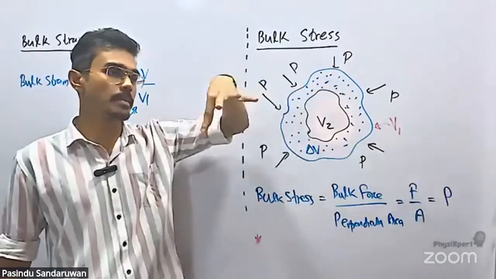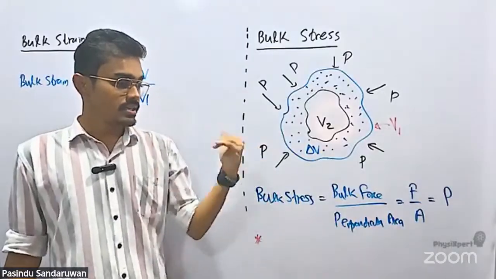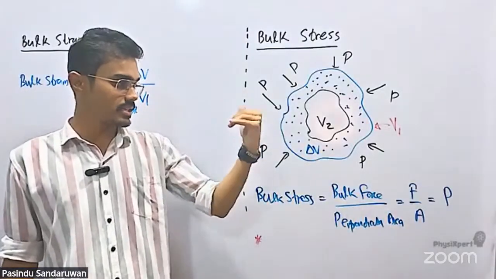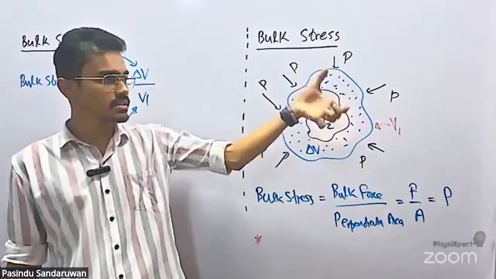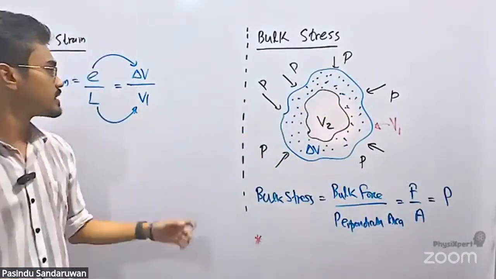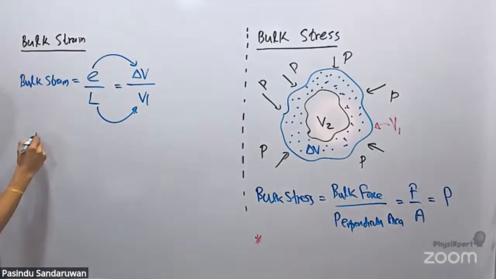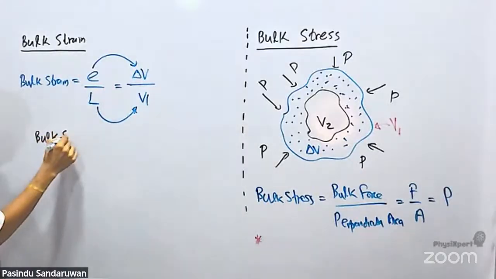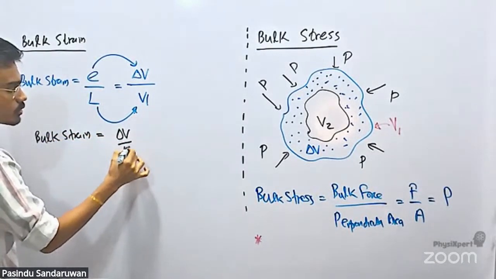Since the ratios are the same, the idea is taken to the ratio between volumes. So, don't write, look here. Bulk strain is defined as delta V over V1.